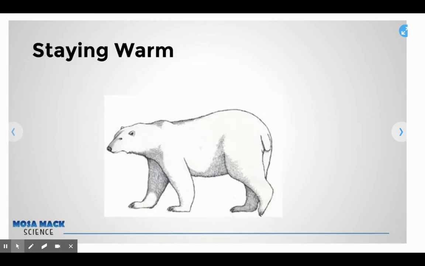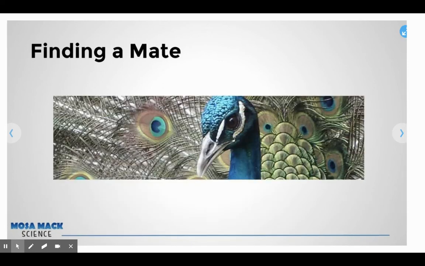Some organisms have adaptations for staying warm. If you looked at lots of different types of bear, you'd find that the polar bear has by far different body composition in terms of its layer of fat and the type of fur that it has. And then the finding a mate adaptations. Of all the adaptations, these are probably the most outlandish and crazy. The peacock is just one example.